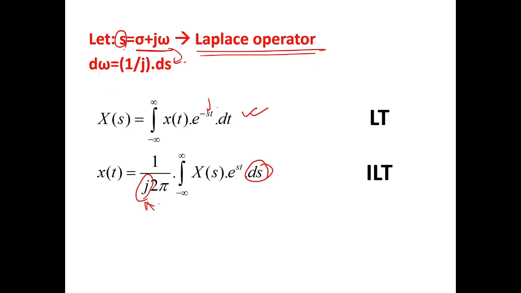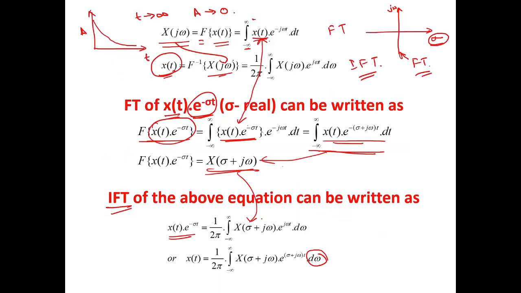You're getting my point? So if you compare this equation and the next page equation, there is only a j addition and this d omega has been changed to ds.